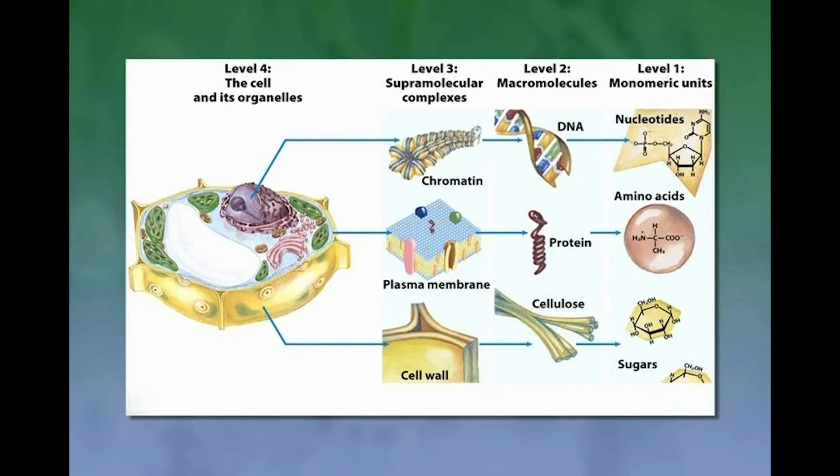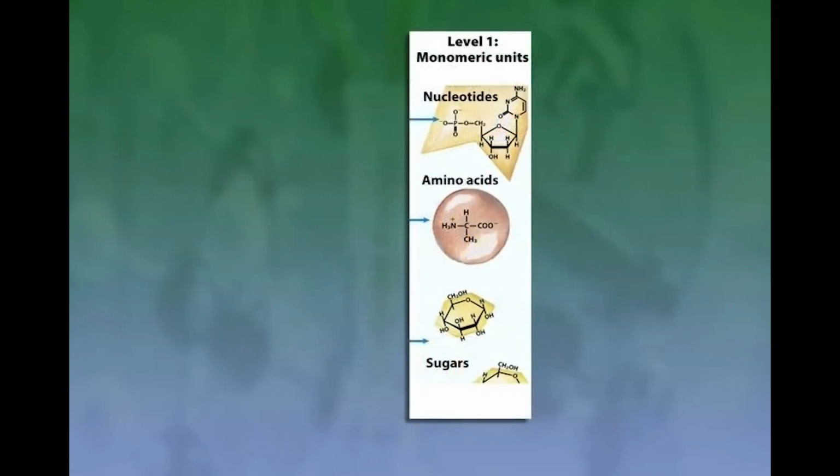Now, if you look at the cell and its components in this picture, you will find that there are 4 levels of organization. In the first level, you have individual macromolecules like nucleotides, amino acids or sugars. Sugars are called monosaccharides, amino acids are known as amino acids, and nucleotides make up DNA or RNA.